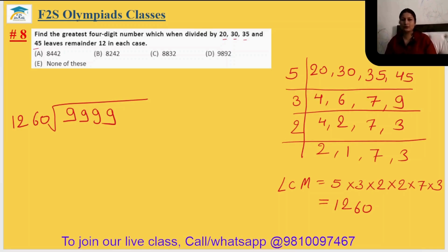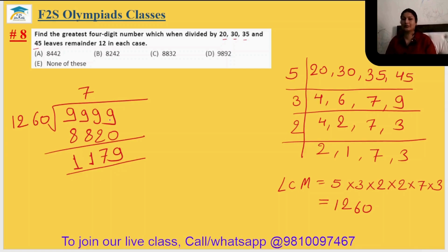So let's first find the quotient of this number. I think I should take 1260. 1260 multiply by 7 equal to 8820. 7 times 8820. Then 9999 minus 8820 gives 1179. Which number is completely divisible by this?